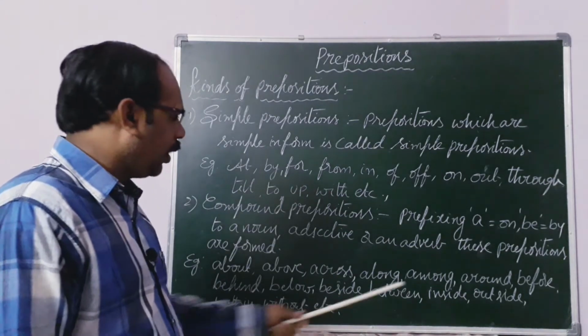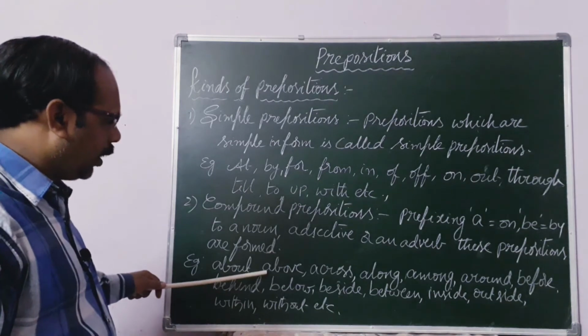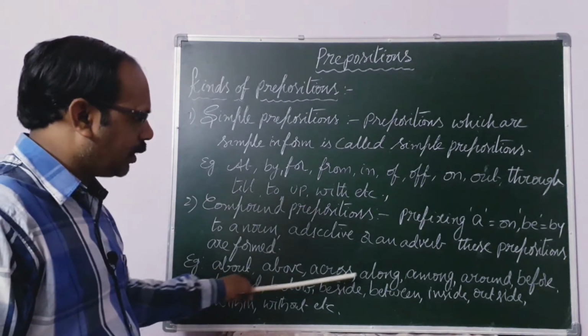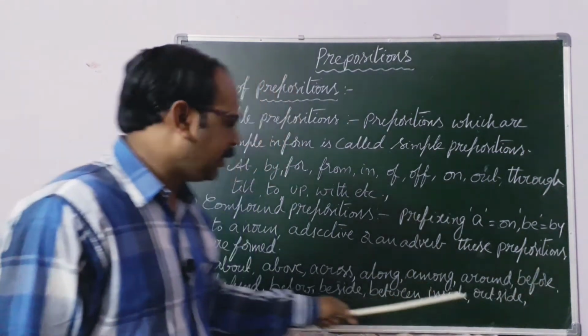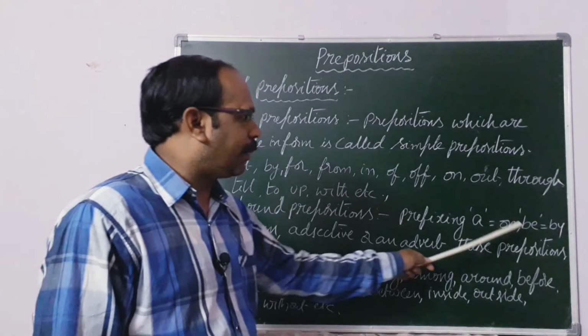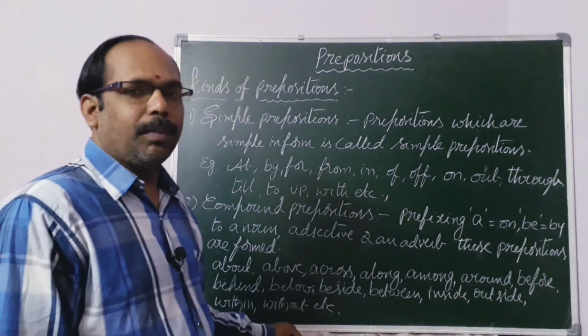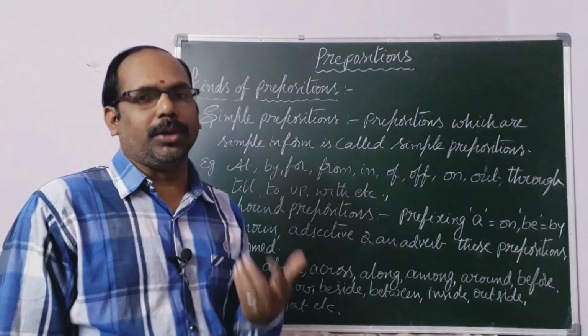All these are called compound prepositions. About, above, across, along, like that. Before. These are 2 words mingled together. By prefixing a or b, these prepositions are formed. So these are called compound prepositions.